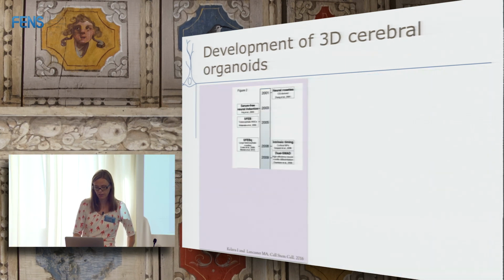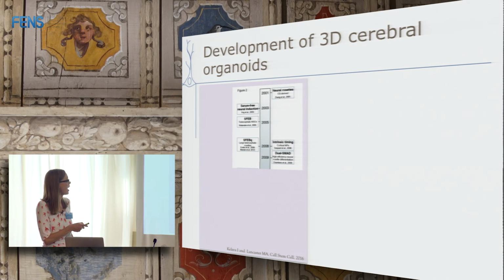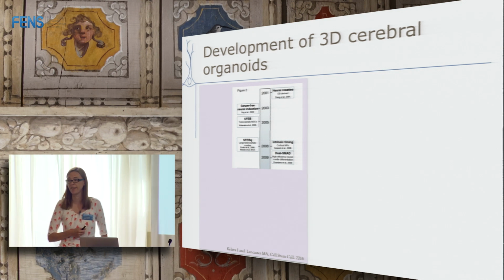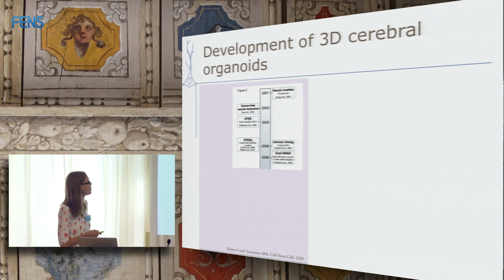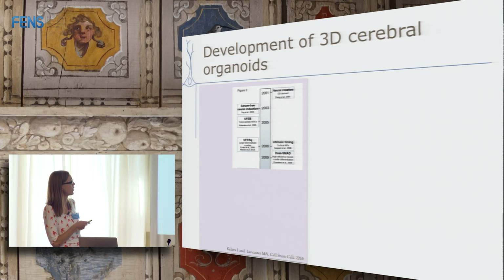And so I got started on this in 2010 when I joined Jürgen's lab. And at the time, these were the important papers that I had at hand and that I started working from. There were these really key papers from Yoshiki Sasai's lab, and you'll see that he is a recurring figure.